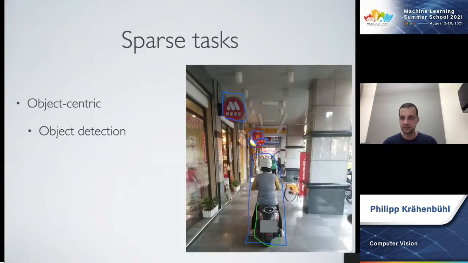Once you've found these objects, you could even go and segment them out. This is called instance segmentation, where you want to figure out what group of pixels corresponds to individual objects. So this might be the group that corresponds to the scooter here. This is the group that corresponds to the person riding the scooter. If you have another person, there would be a different group here.